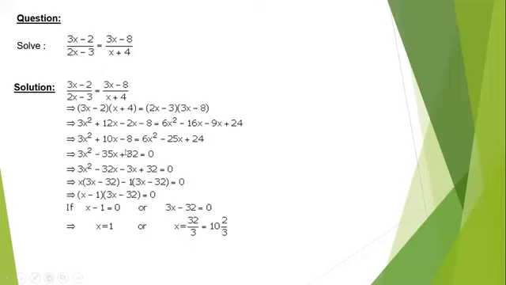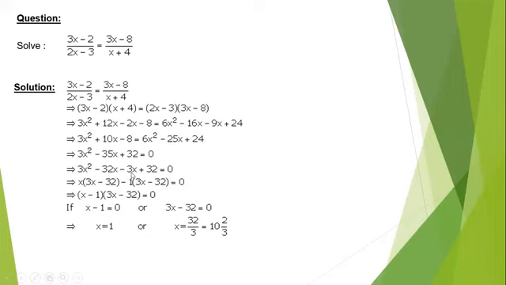Collect the like terms. Bring all the terms on right side to left side, changing the sign. After collecting the like terms, this is the final equation which we get: 3x square minus 35x plus 32 equal to 0. Split the middle term. Directly I am getting the factors here. 32 plus 3 is equal to 35.